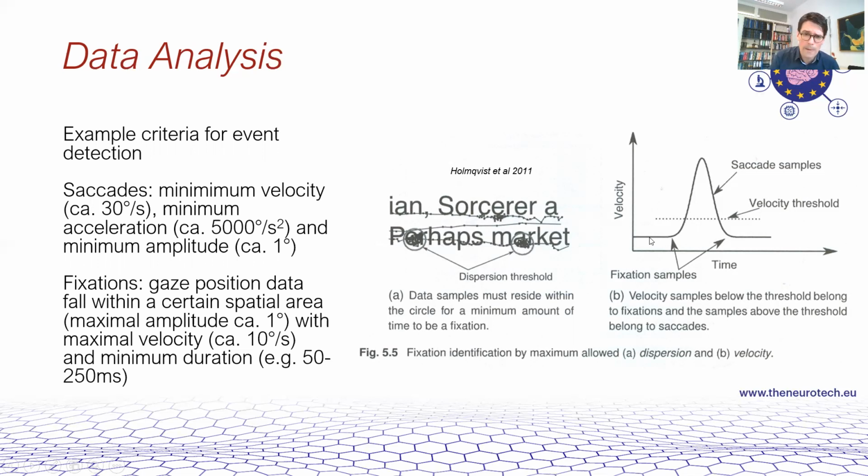For a dispersion threshold, we would say that to qualify as a fixation, the data samples must fall within a 1 degree amplitude circle for a certain amount of time. And then we would classify that as a fixation. For the velocity criterion, we could say that 30 degrees per second is our cutoff. So samples that are below 30 degrees per second and have a certain maximum dispersion and minimum duration are fixations, and anything above are saccades.